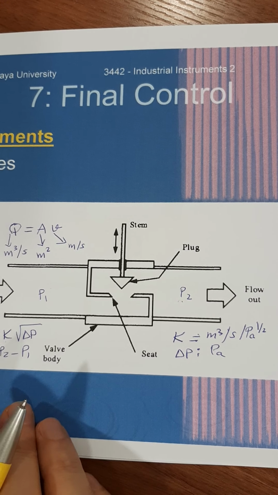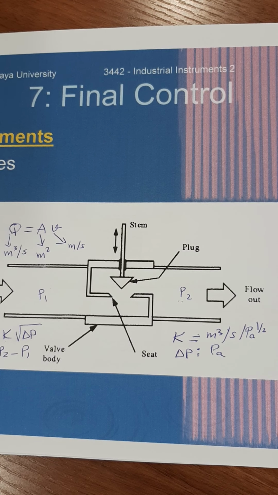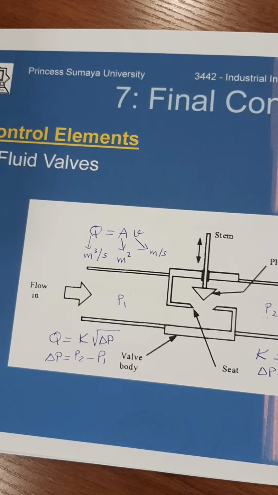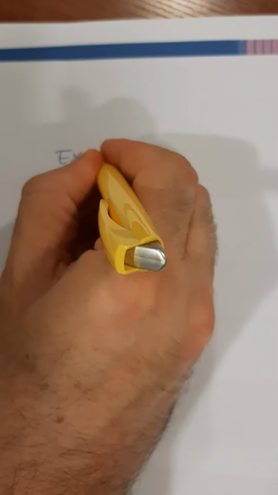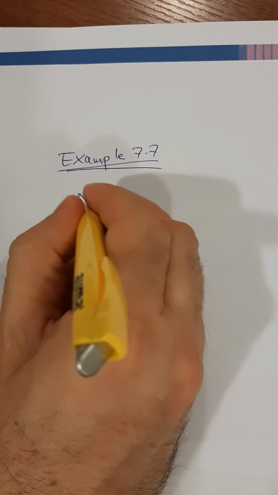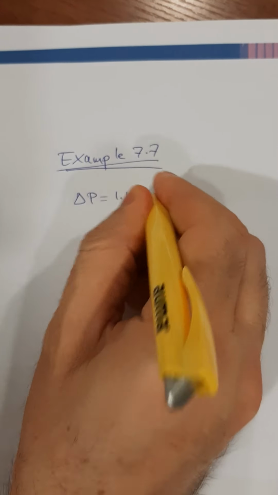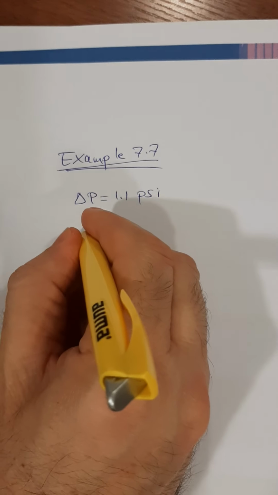So let's solve an example that uses this equation, Example 7.7. In this example, a pressure difference of 1.1 psi, so delta P is 1.1 psi, occurs across a constriction in a pipe of 5 centimeters diameter.